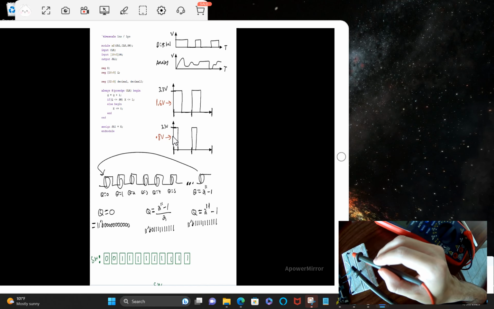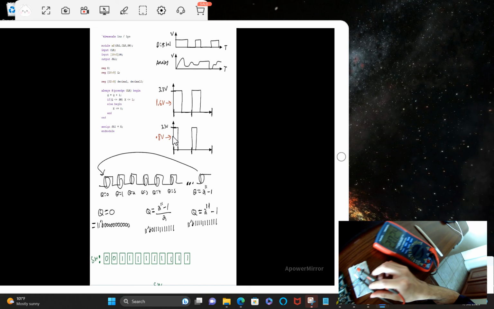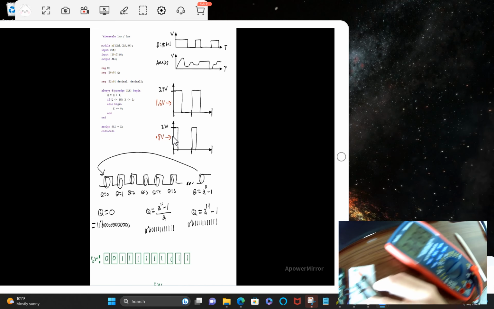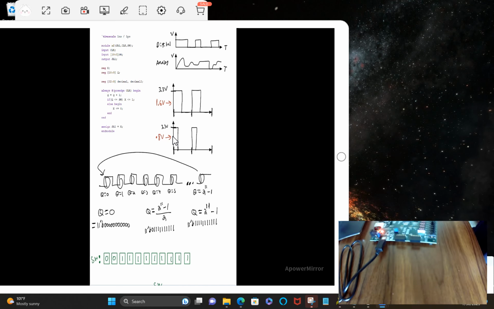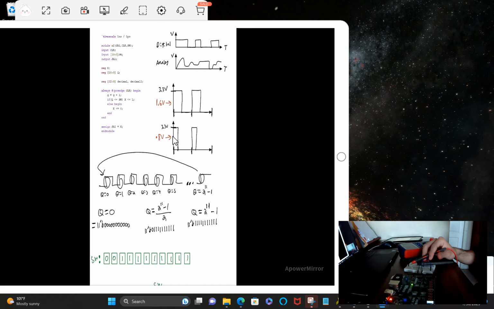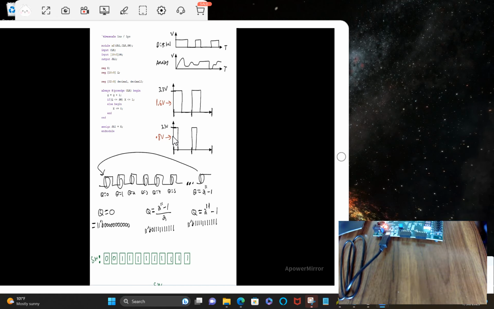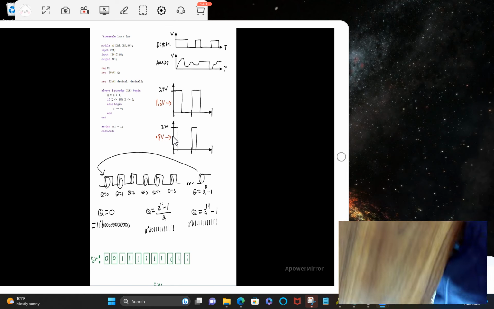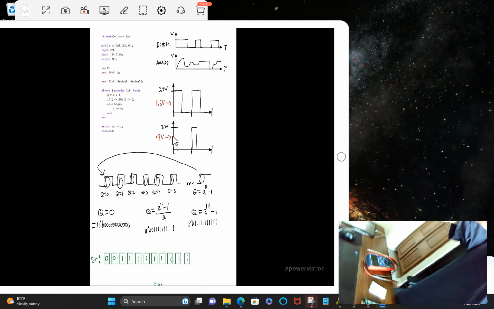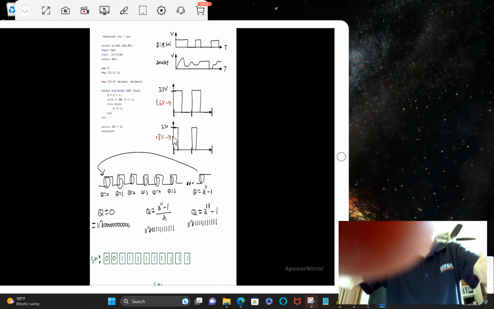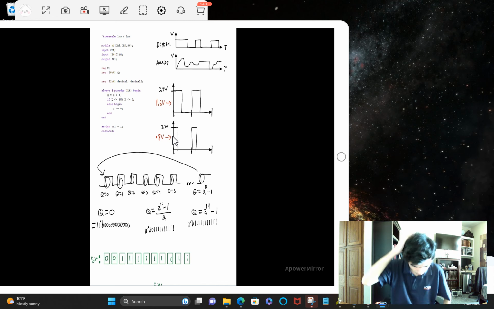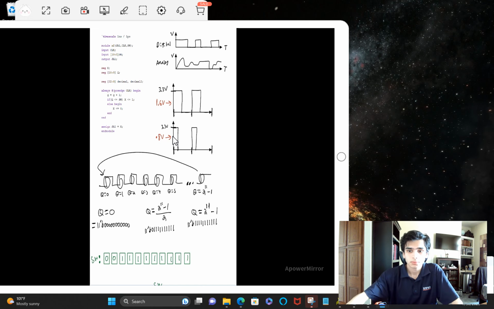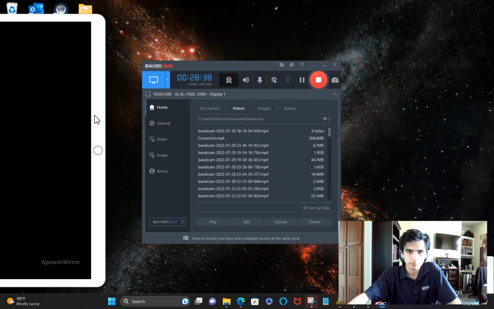Yeah, around 3.3. So I hope that explains how to do pulse width modulation using the outputs.